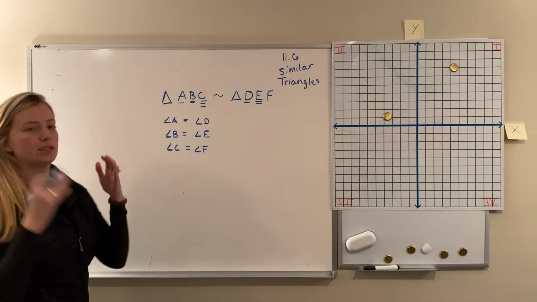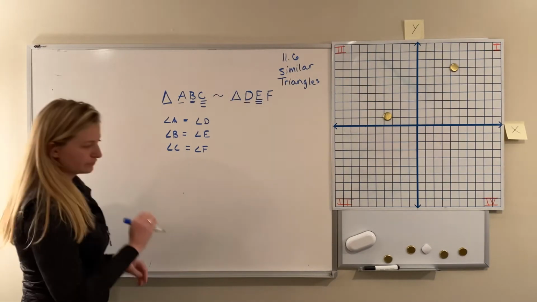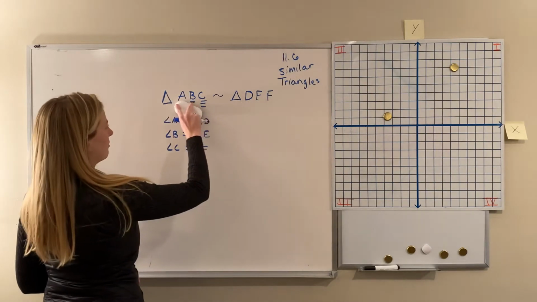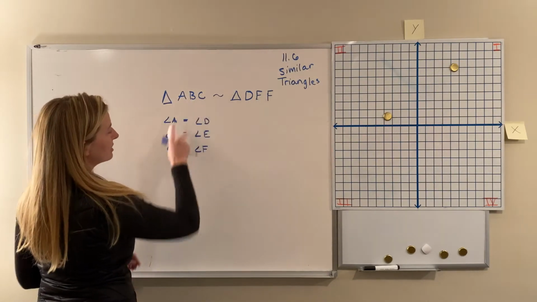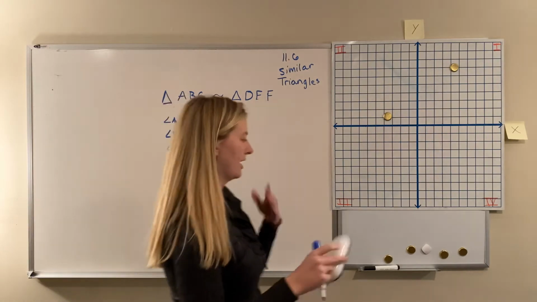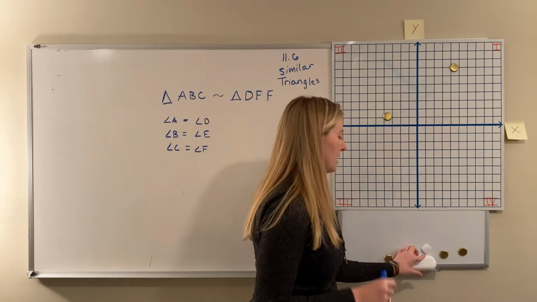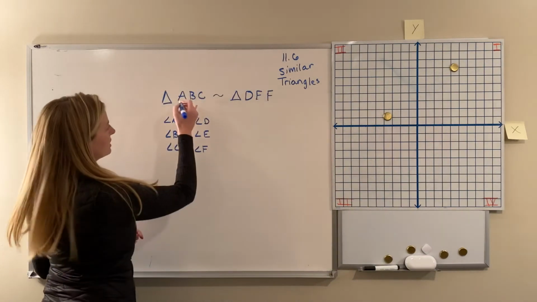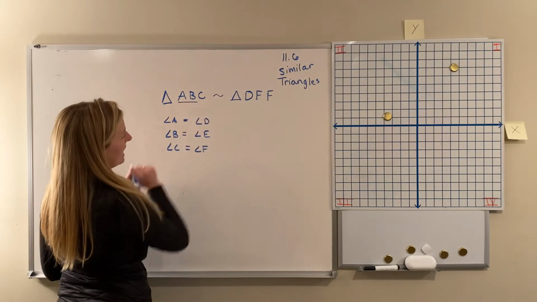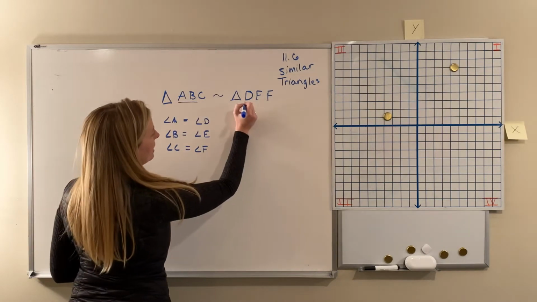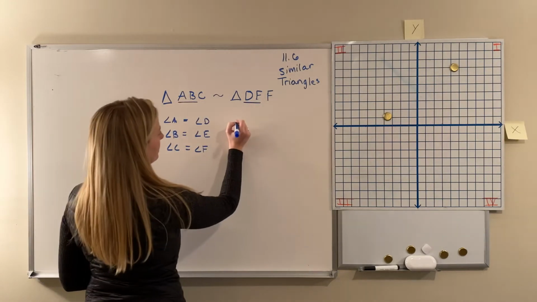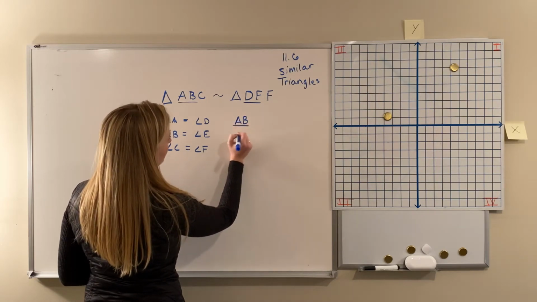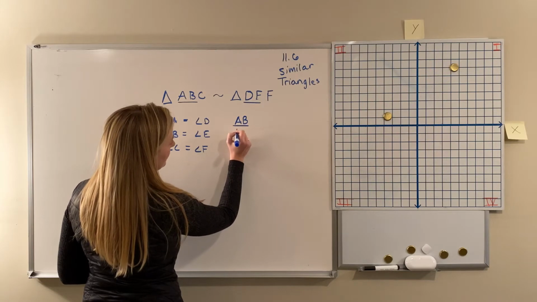The second one is the ratio of the side lengths. Remember, the placement of the letters matters, because when they just tell you triangle ABC, triangle DEF, the placement of the letters represents where the corresponding sides and angles are. So side AB corresponds to DE.